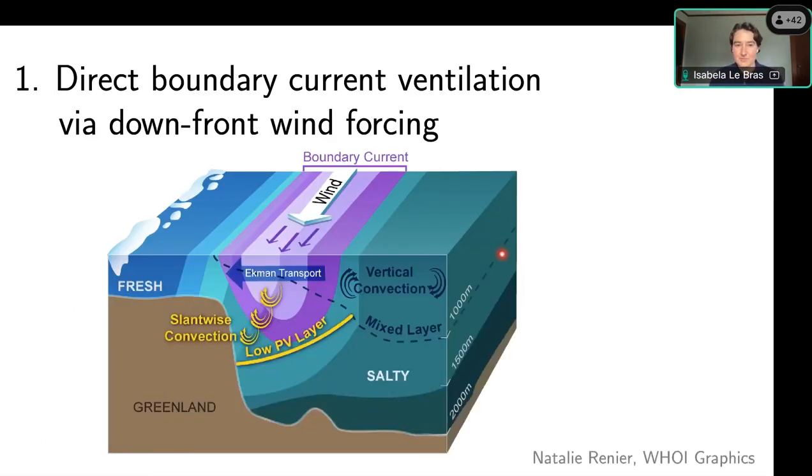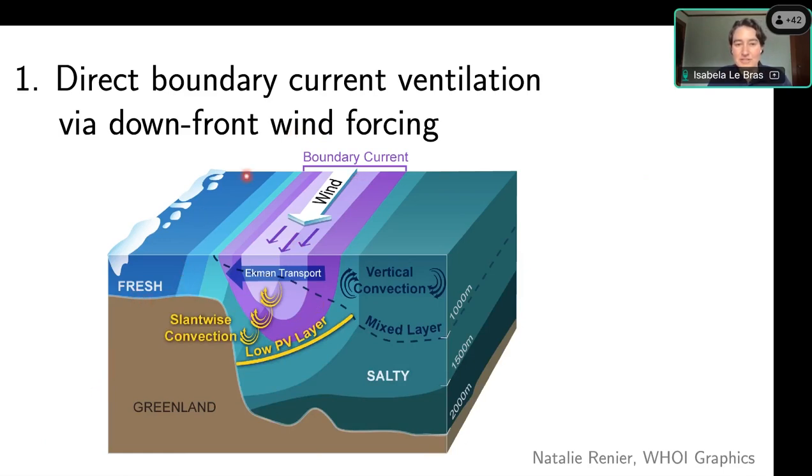Okay, so the first part, direct boundary current ventilation. The hypothesis here in the Irminger Sea observations that I've focused on is that when we have down-front winds, or winds in the same direction as this approximately geostrophic boundary current, I'll introduce you to the schematic a little bit.